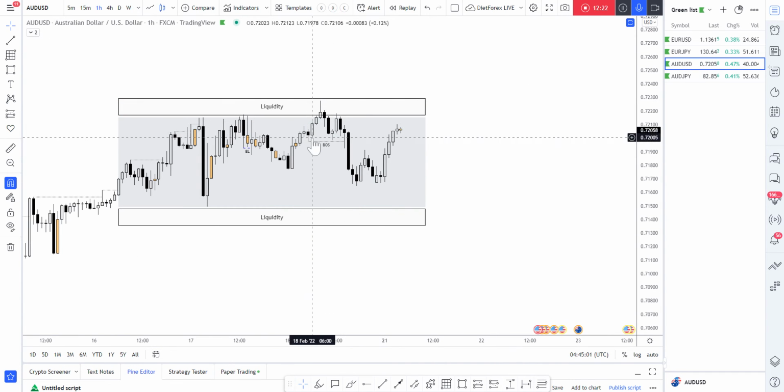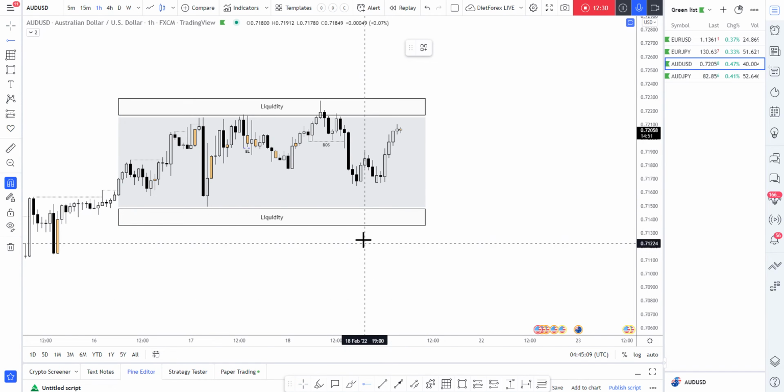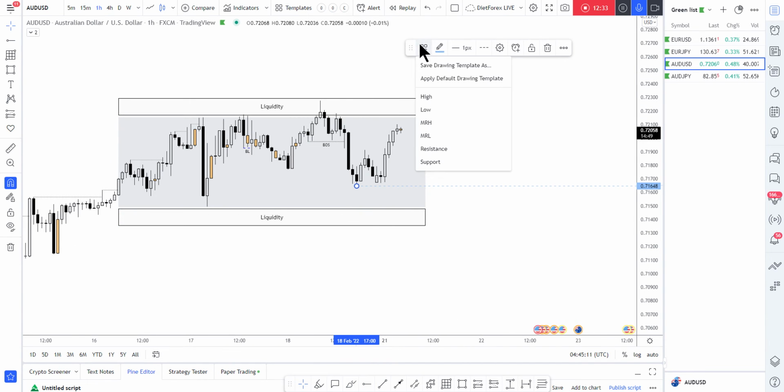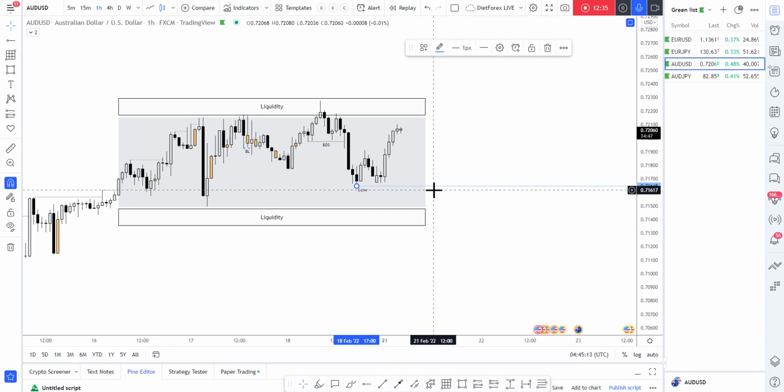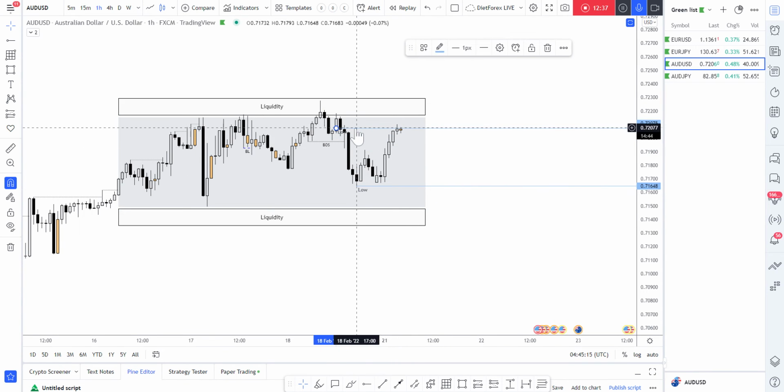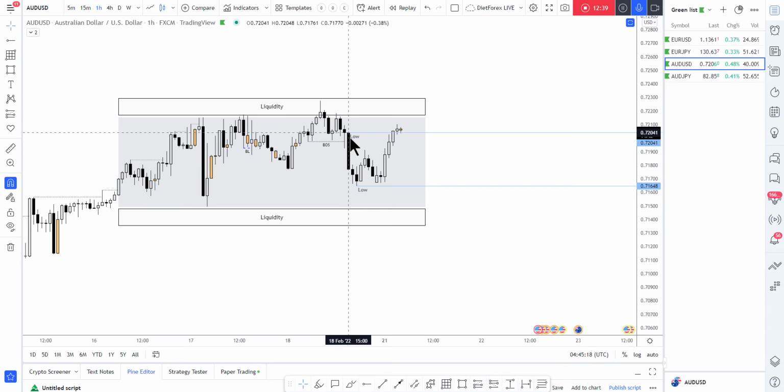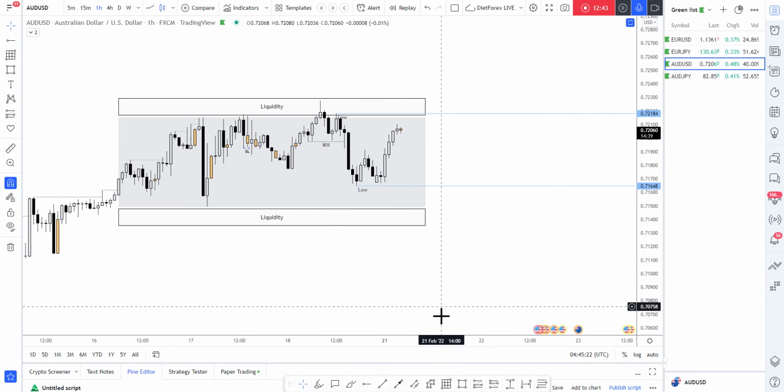So this is a break going to the downside and starts moving up. So hold on. If this is our low, for example, and then this is going to be my high, there you go. So this probably could be an opportunity.